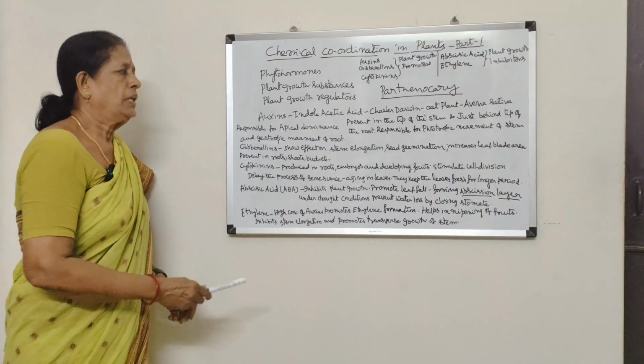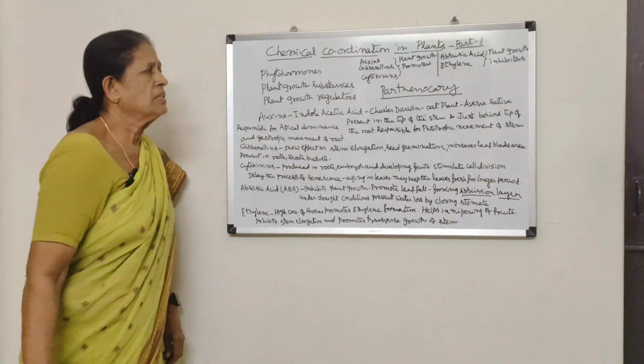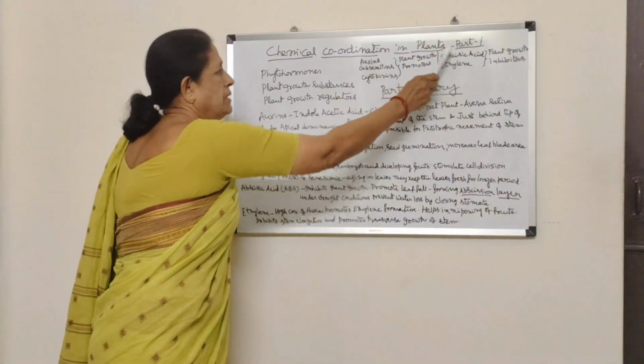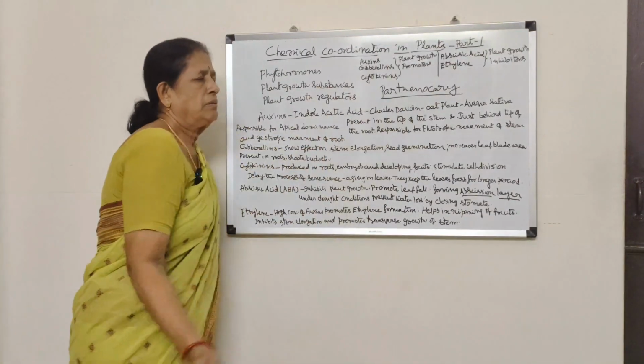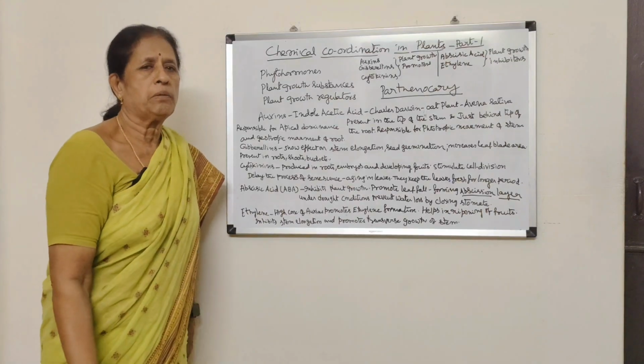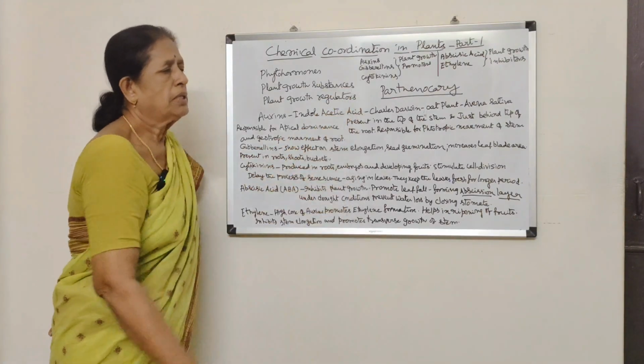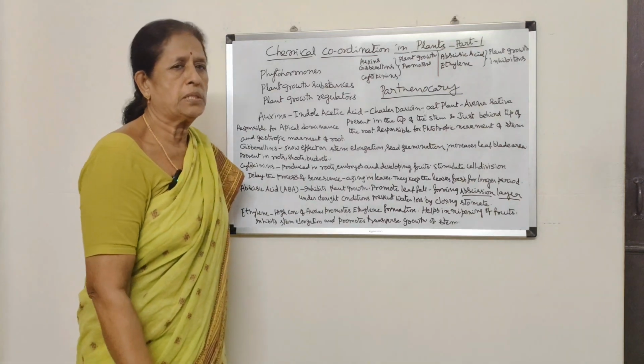So what are they? Let us see. Auxins, gibberellins, cytokinins, abscisic acid, ethylene. These are the main plant growth regulators. Among these, auxins, gibberellins and cytokinins are plant growth promoters.